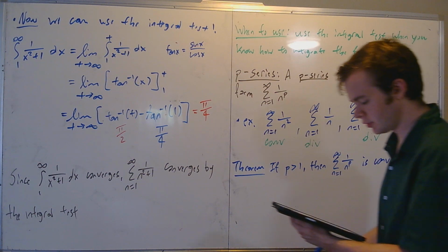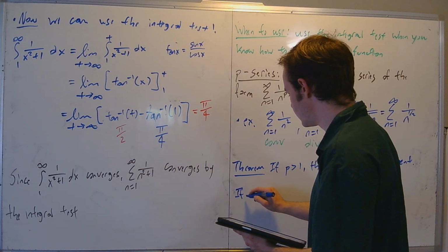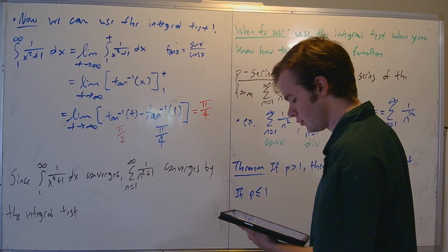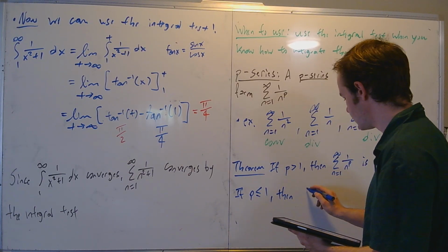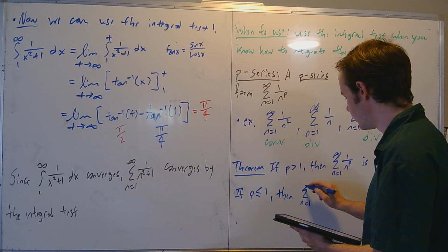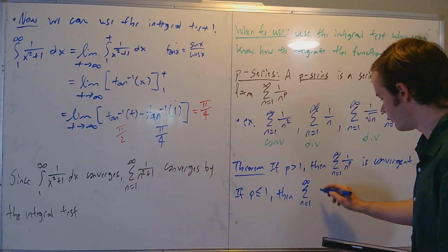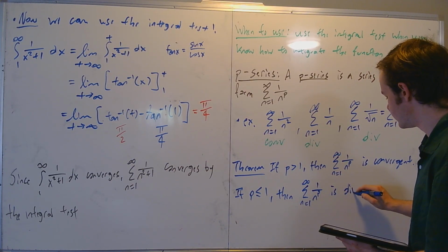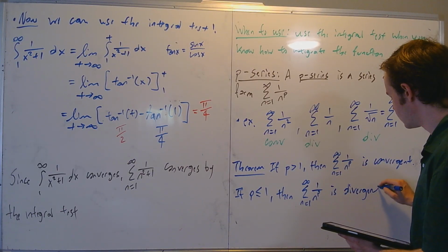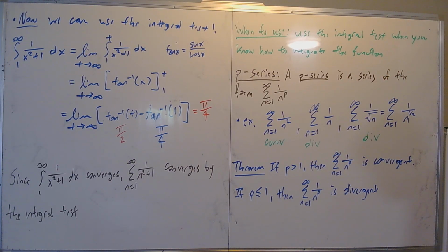And similarly, if p is less than or equal to 1, then the sum from n equals 1 to infinity of 1 over n to the p is divergent. So again, you can validate both of these using the integral test.